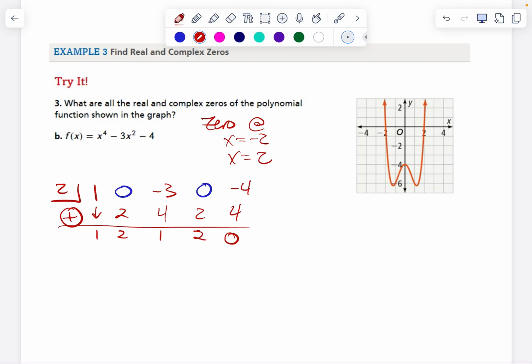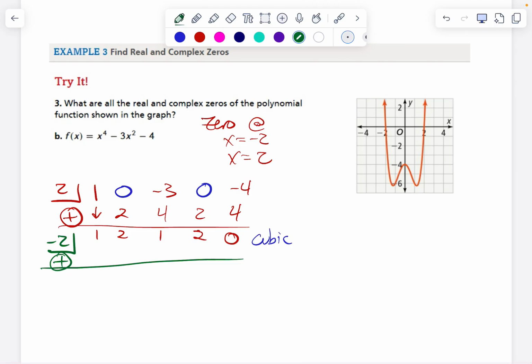What is the degree of this bottom line? It's cubic now, right? Because it started off as quartic, or fourth power. Now it's dropped 1. So now it's cubic. Remember that we don't have to rewrite it out. We can just continue this process. So let's just stick our -2 here and do it again.